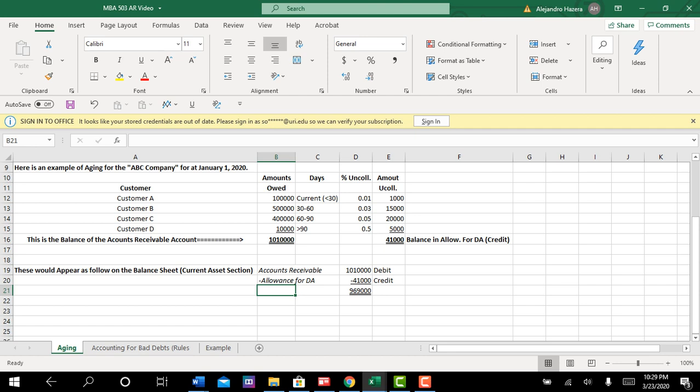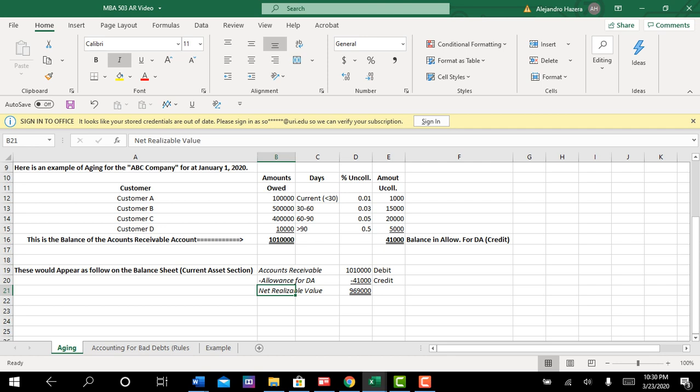And then finally, a name I didn't put in here on purpose, but there's an official name that's given to accounts receivable less the allowance for doubtful accounts, and we call that the net realizable value of accounts receivable.